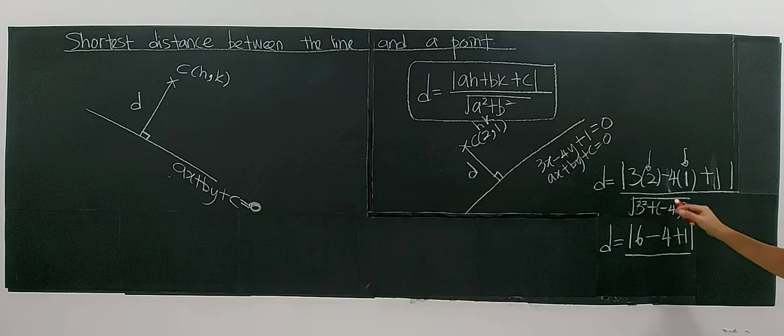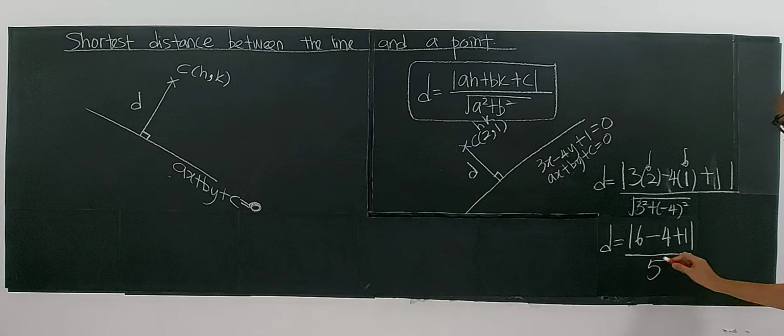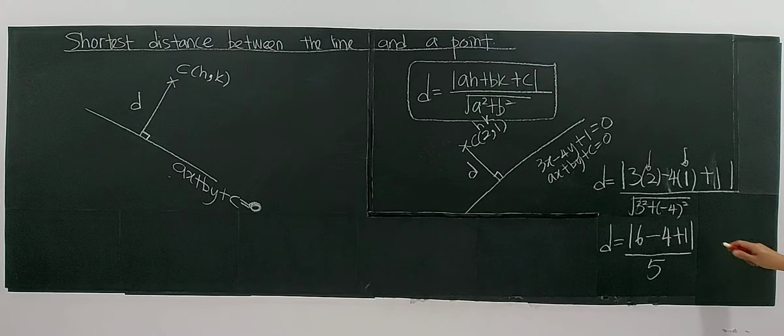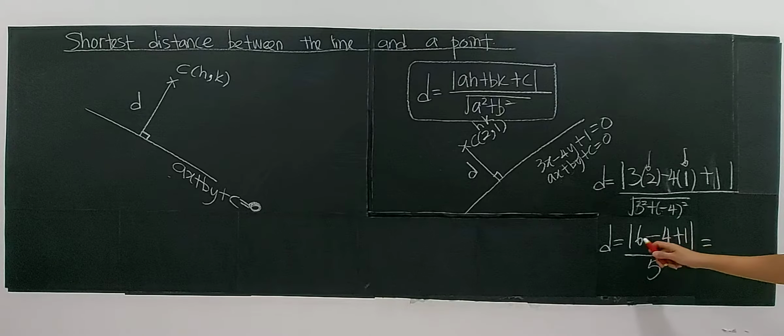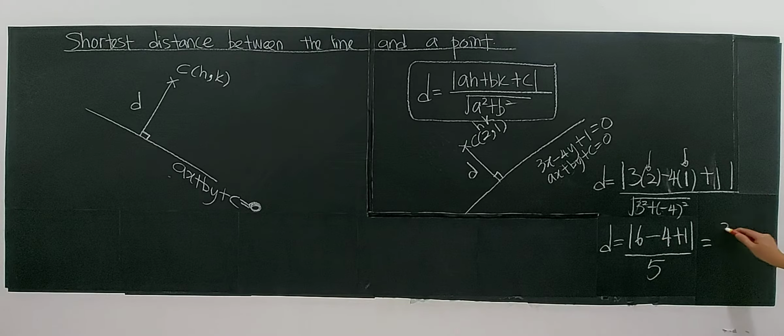plus 16, 25. The square root of 25, you have 5, right? So try to look at this. We have 6 plus 1, 6 plus 1 to be 7, right? 7 minus 4, you have 3.